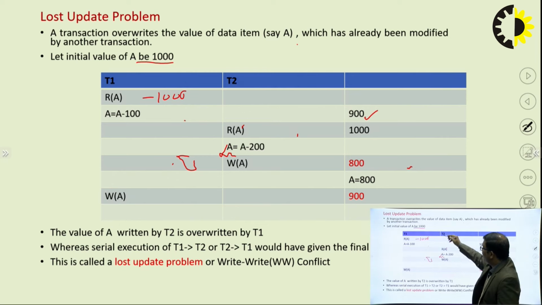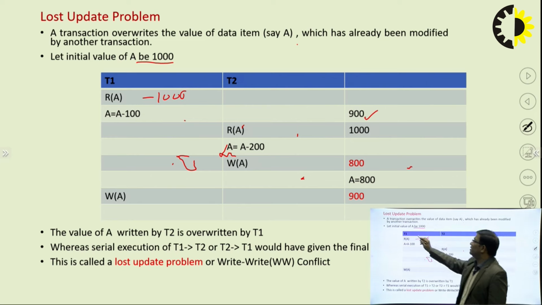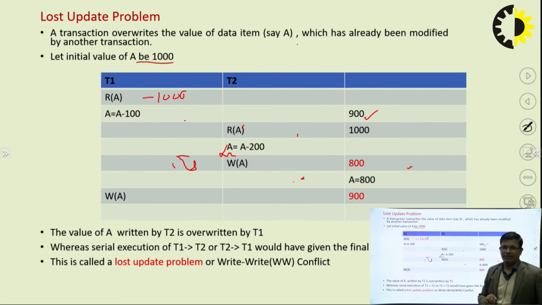In T2, it reads the initial value of A, because T1 has not written the final value of A before this read. So this read gives the initial value of A, that is 1000. A equals A minus 200, so 800, and write A writes the final value 800.